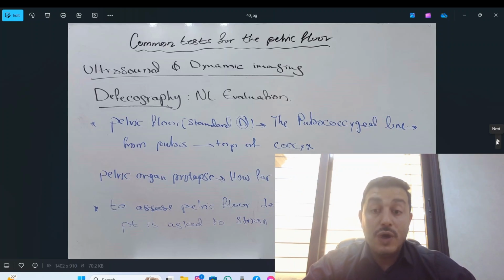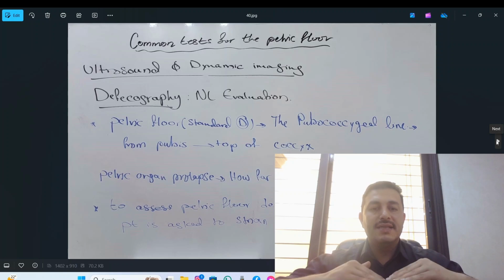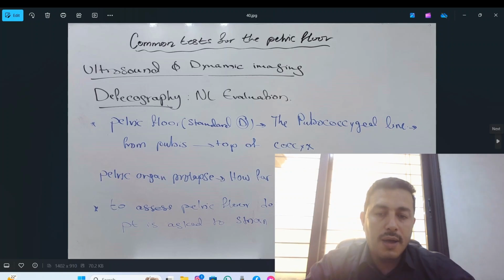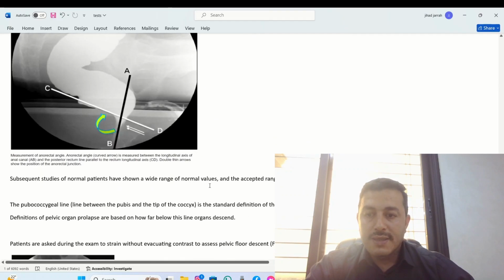Okay, to assess pelvic floor descent, to assess how much the pelvic floor or the organ will descend, you have to ask the patient to strain without defecation. Okay, is it clear?